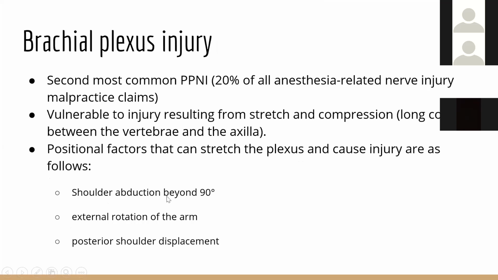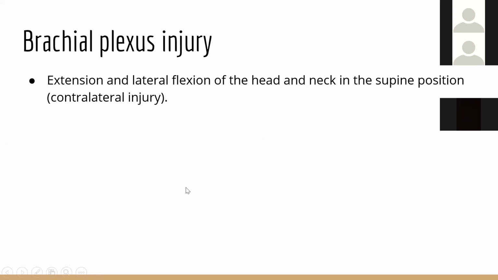If shoulder abduction goes beyond 90 degrees, and if the arms are rotated externally, or there is posterior shoulder displacement, this can all be a potential source of brachial plexus injuries. Next, if the patient has extension or lateral flexion of the head, there is a chance of contralateral brachial plexus nerve injury.